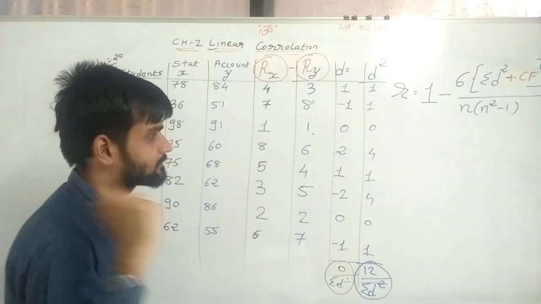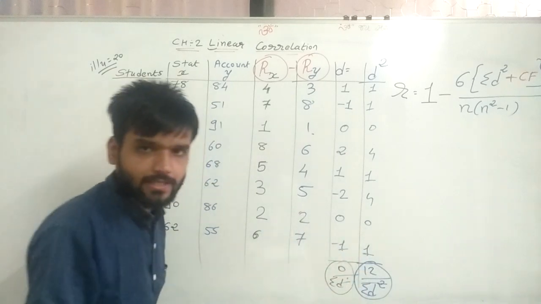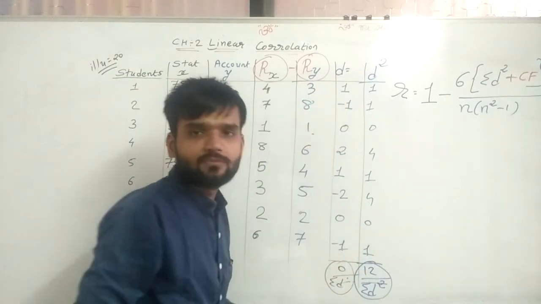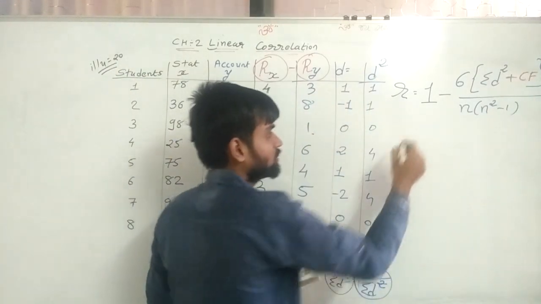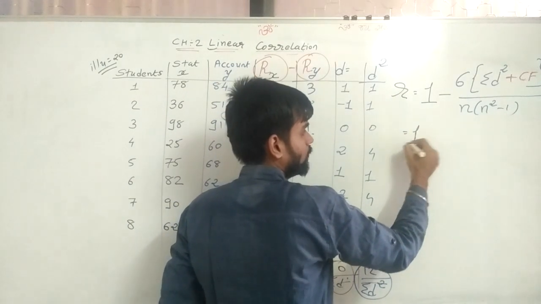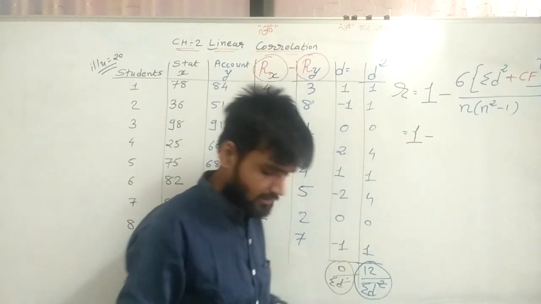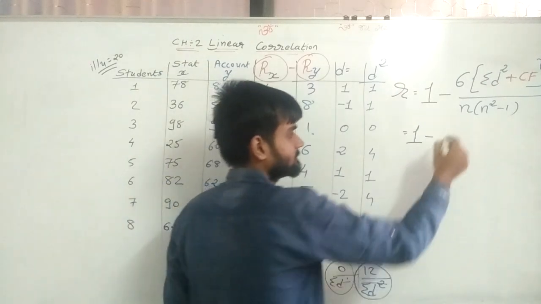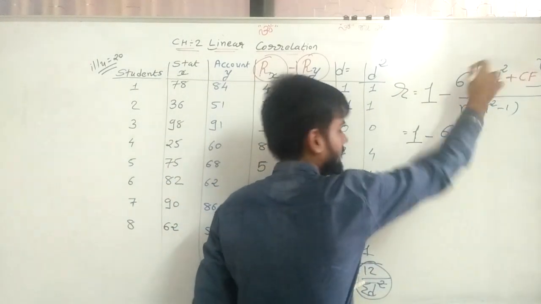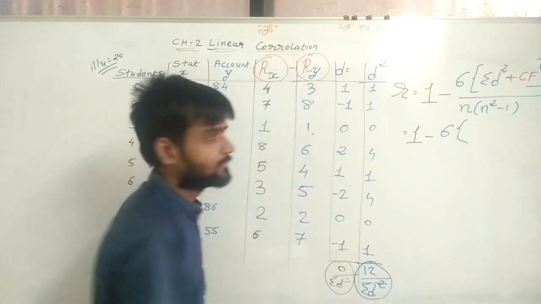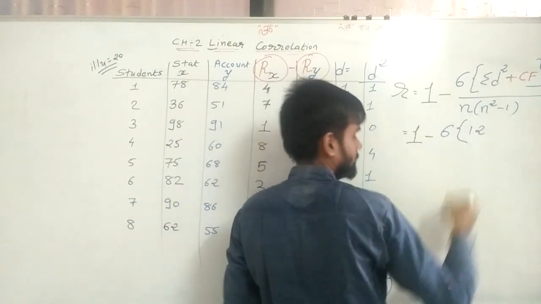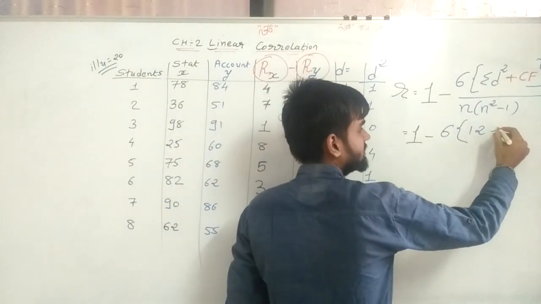Now we have sigma d square, so put it in the formula. First, 1 minus 6 as it is. Sigma d square is 12, so write down 12, plus CF.